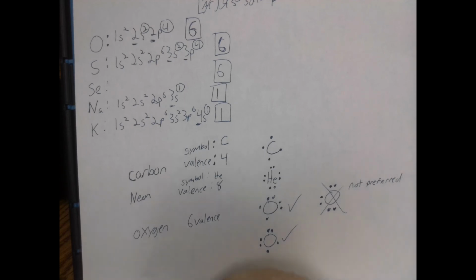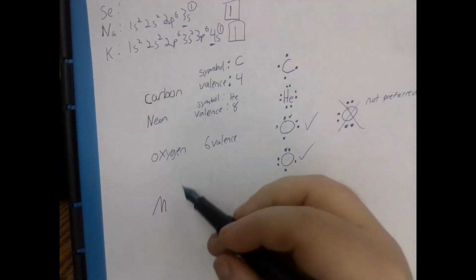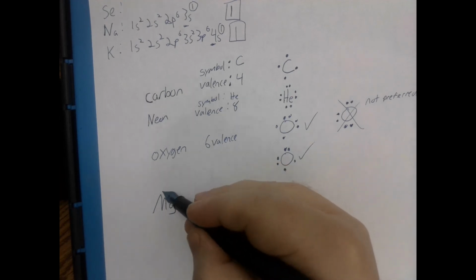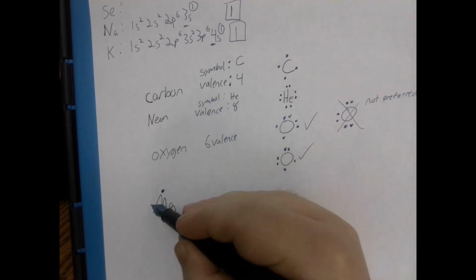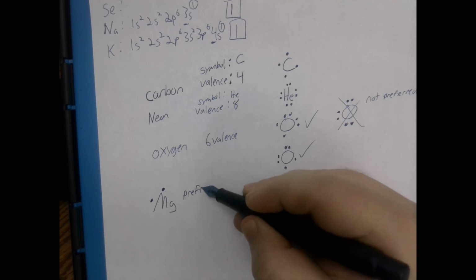So let's look at magnesium, Mg. How many valence electrons do we have? 2. So I tend to prefer doing this. This is the preferred. Again, we spread them out.